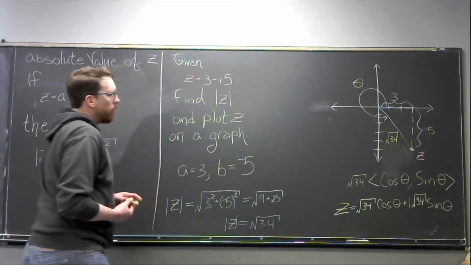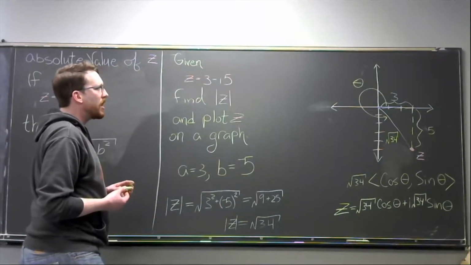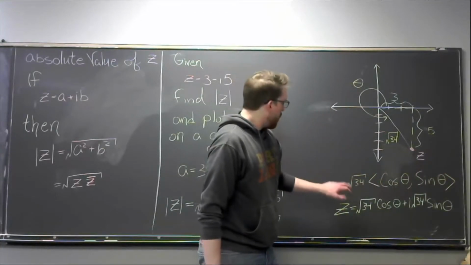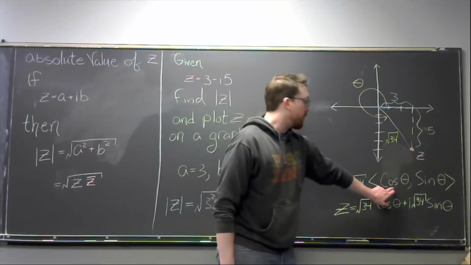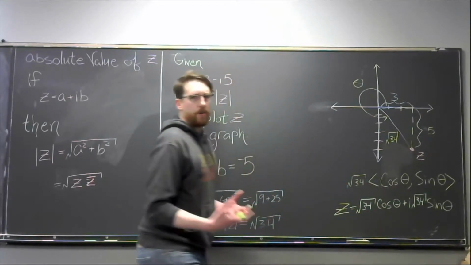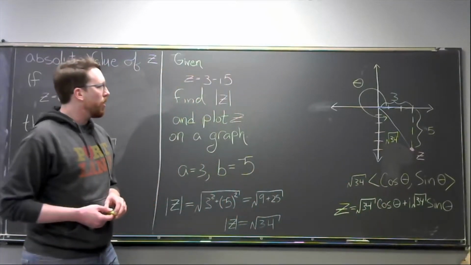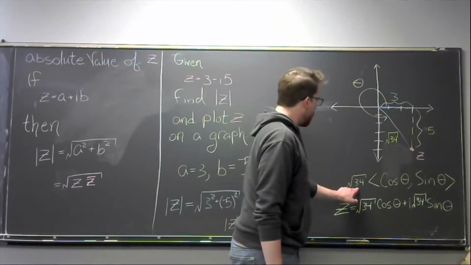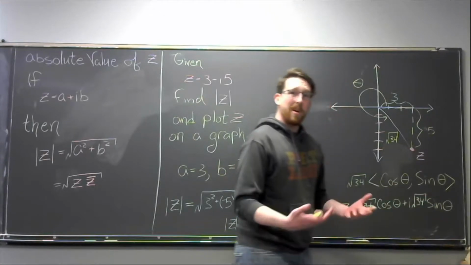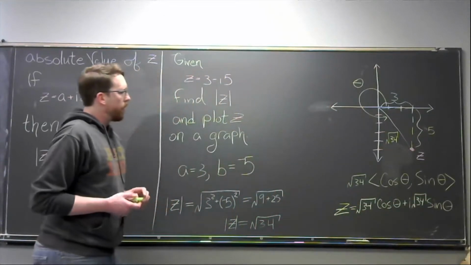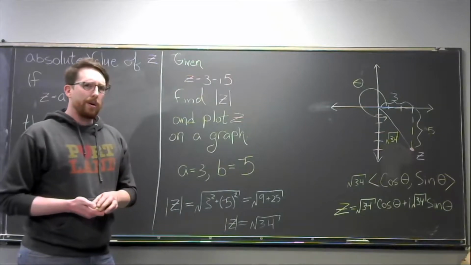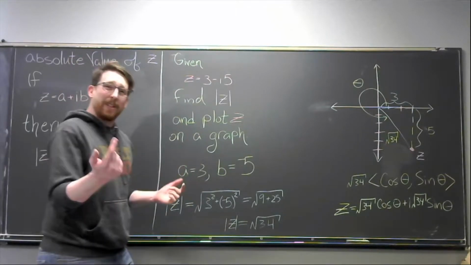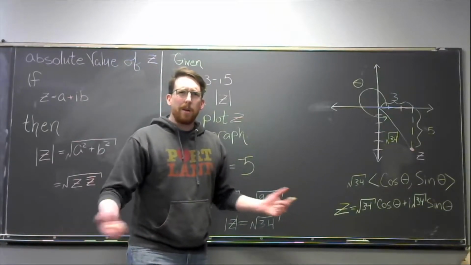Let's stop and think about what cosine and sine represented with vectors. The square root of 34 times cosine of theta represented our x value, the x component of our vector. Similarly, the square root of 34 times the sine of theta represented our y component. Isn't the x component just equal to our a? Isn't the y component just equal to our b?